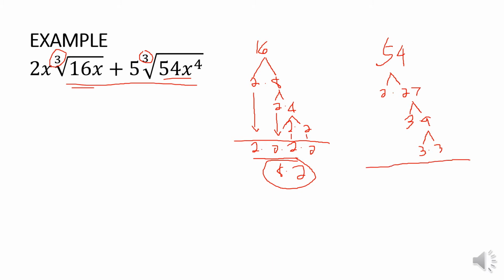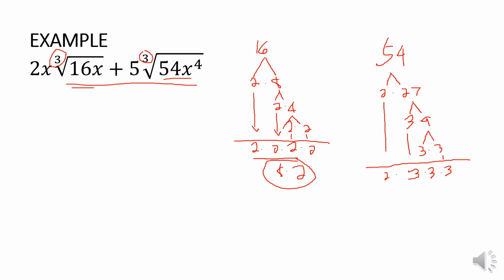And then we will get the prime factors. So first we have 2 times 3 and then times 3 and times 3.